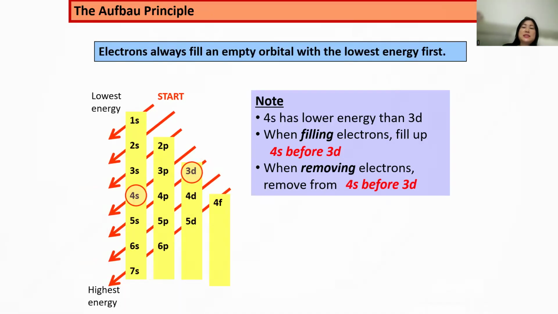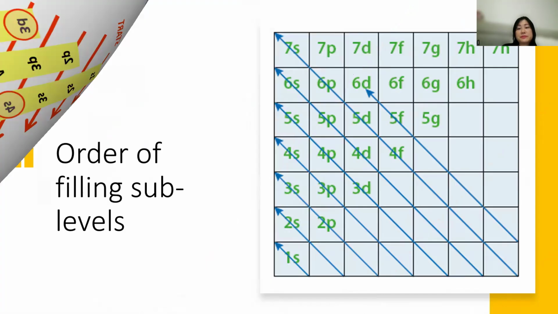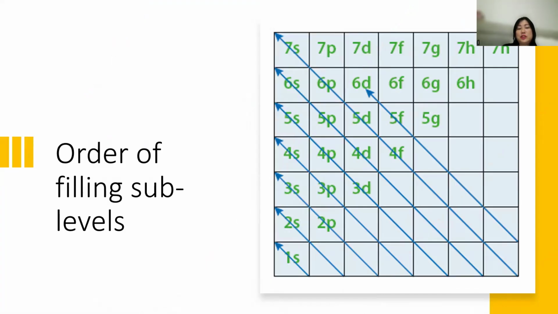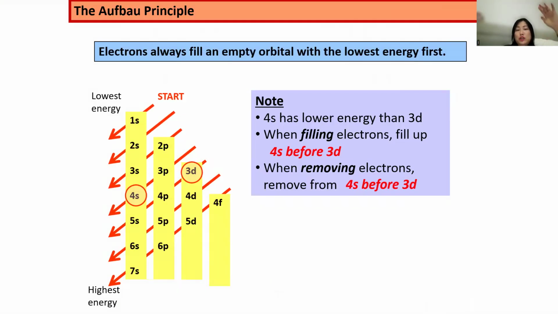4s has lower energy than 3d before filling, so we fill 4s first. But once it's filled, it has higher energy, and we arrange in terms of increasing quantum shell, so we remove from 4s first. Now this is another picture. The previous one shows 1 at the top and then 2 and 3, which is quite misleading because those at the top should have the highest energy.